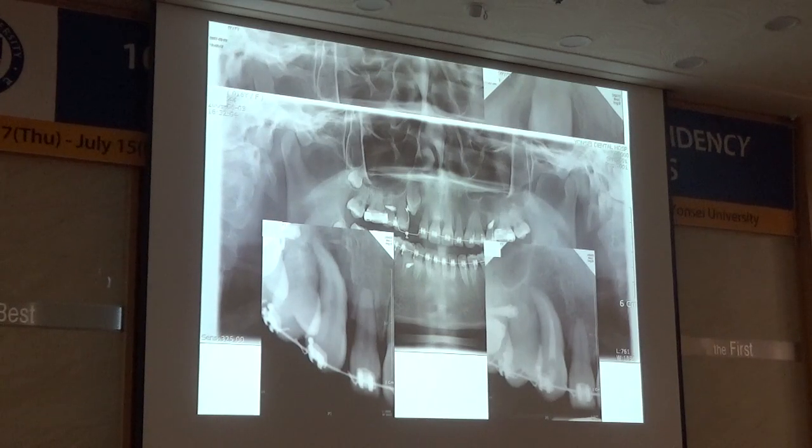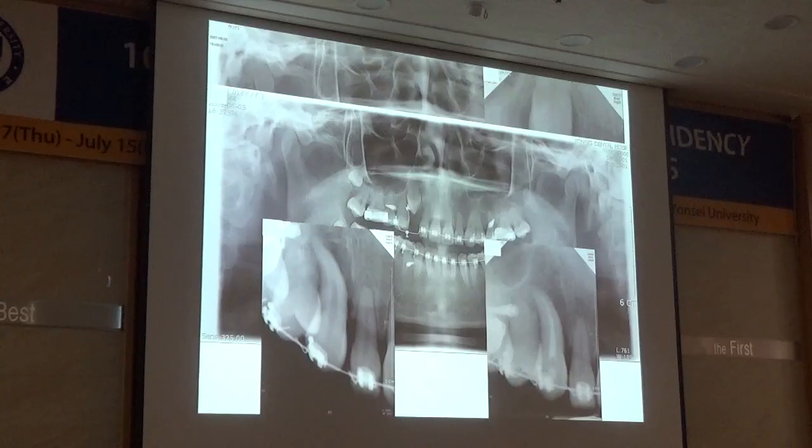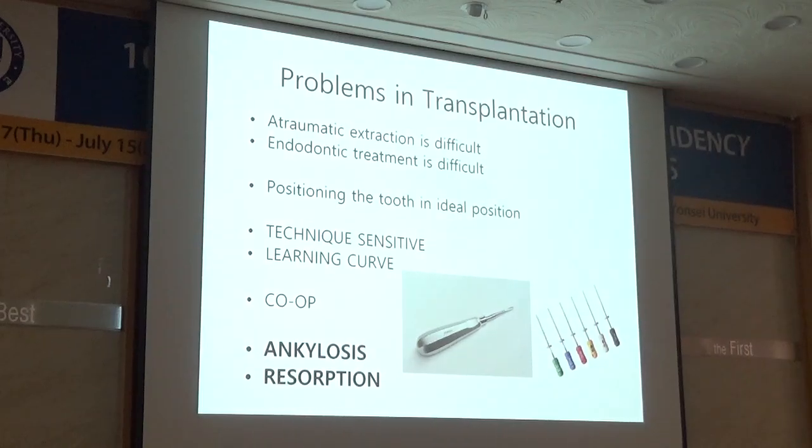I always tell the patient and the parent there may be a chance of failure, and after when the tooth has not moved, we will do another thing. Then maybe a transplantation.